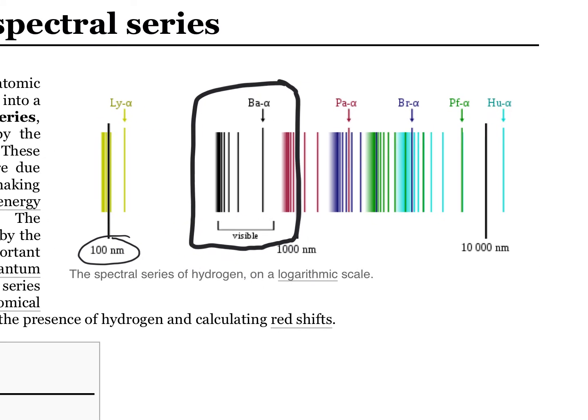We've got infrared light here, microwave light here. So we've got a whole range of different wavelengths of light that can be emitted or absorbed by hydrogen. But we're going to focus on the ones that we can see.